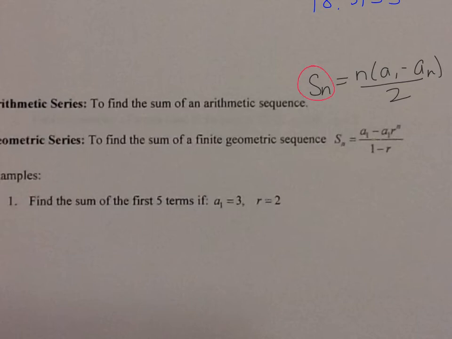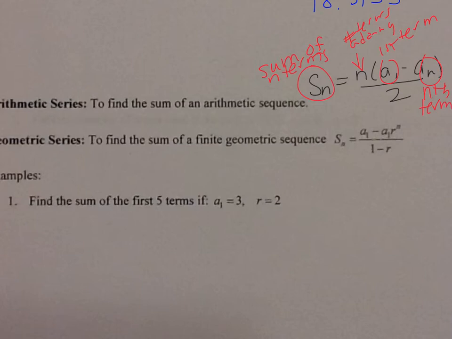So anyway, this would be the sum of n terms. N is how many terms you're adding, number of terms adding. This is your first term. This is your nth term.